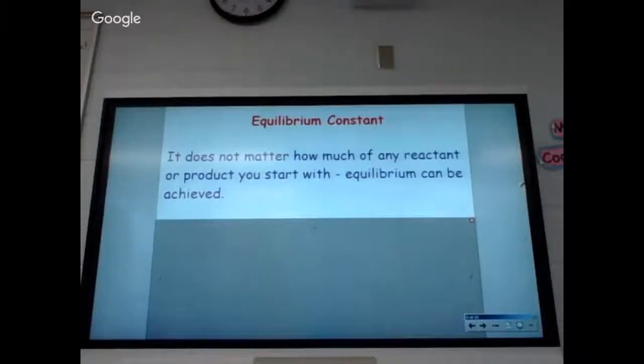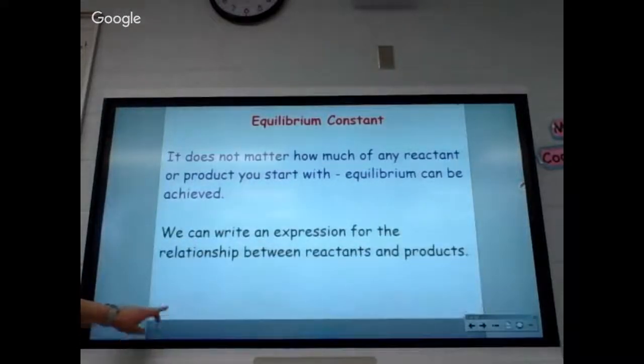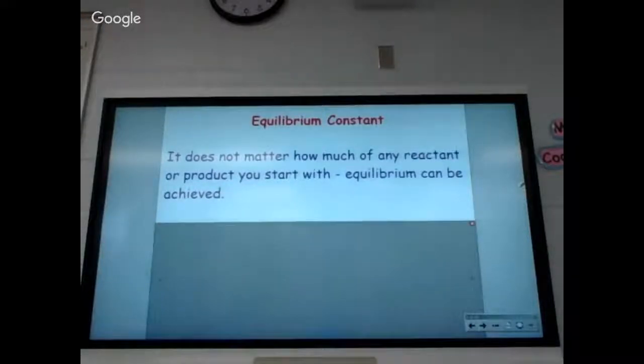We don't have to worry about how much we started with. We just need to figure out how to write it, learn to calculate it, and figure out what it means. It's one of the easiest things we'll do all year. We just need to know how much we have at that moment in time.